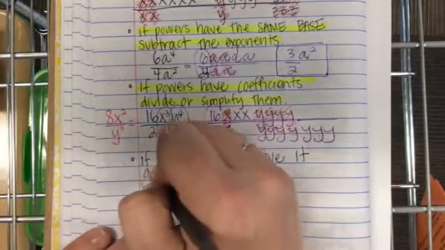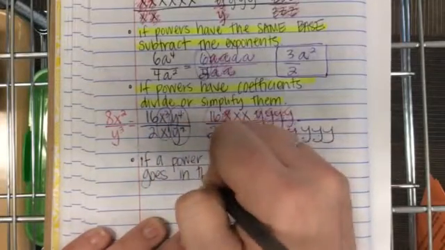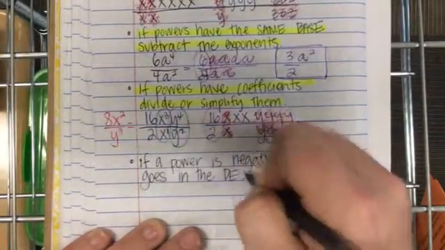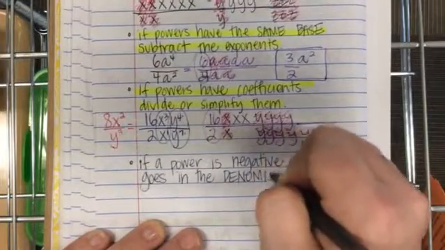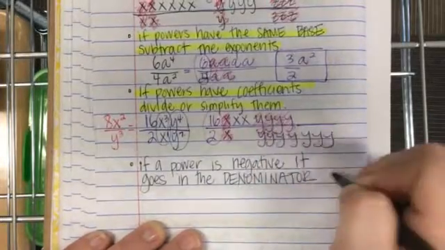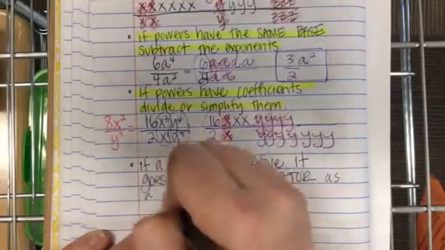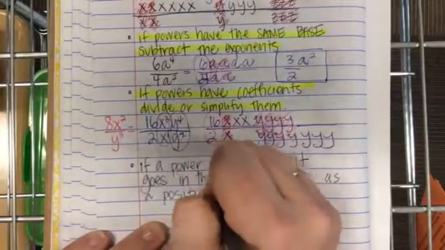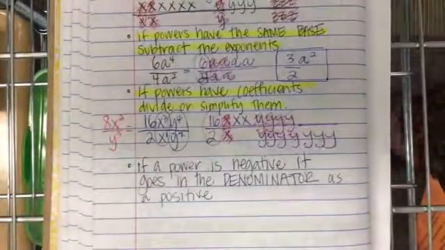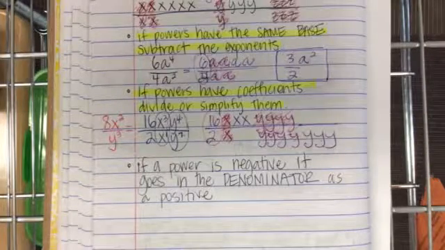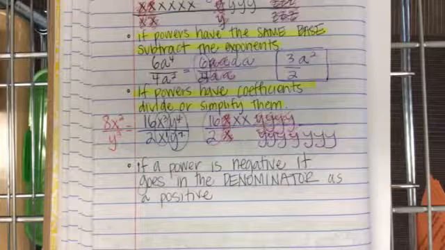It goes in the denominator as a positive. So when you subtract and you get negative 3, that goes automatically to the denominator and becomes a positive. Negative exponents live in the denominator.